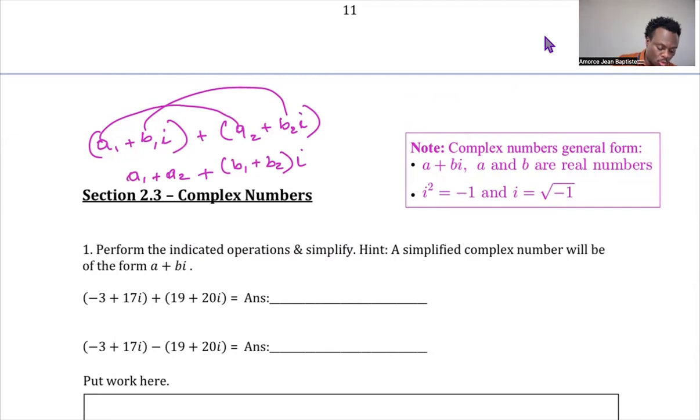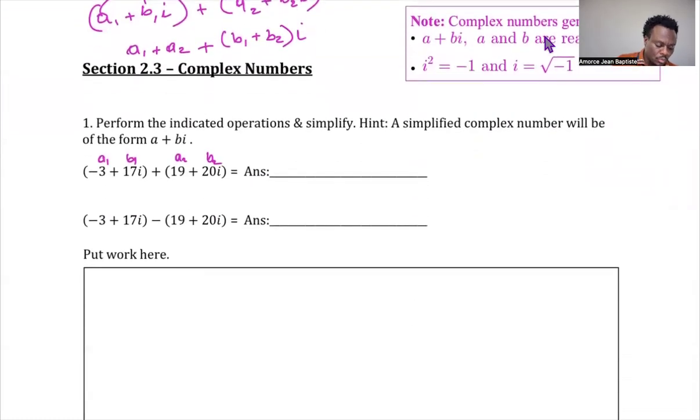So if we call this one A1 and B1, A2 and B2, we're going to have -3 plus 19 plus 17 plus 17 plus 20 equals, obviously i, because the second term has an i.